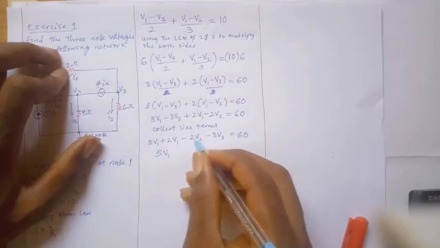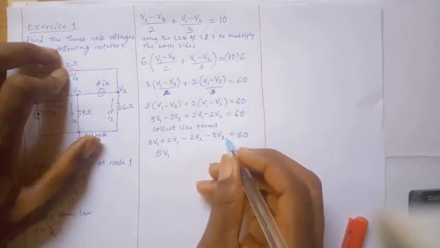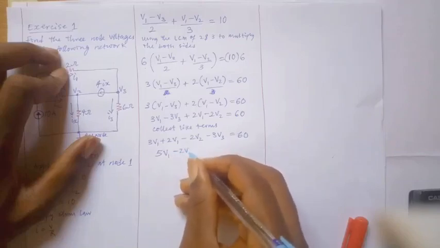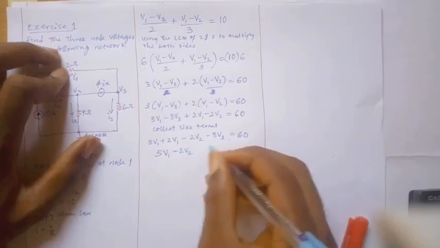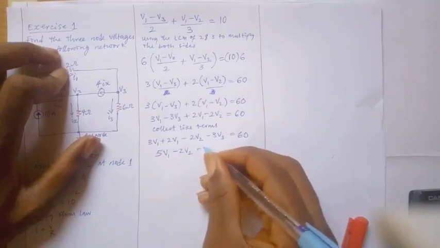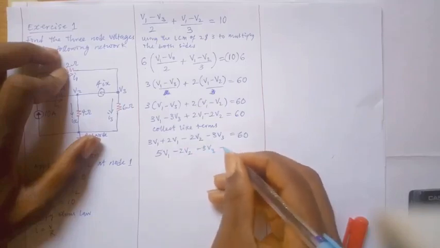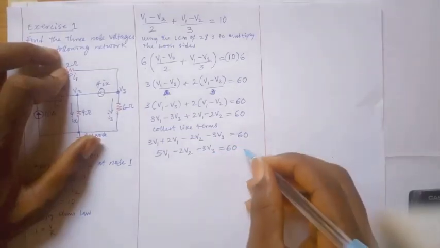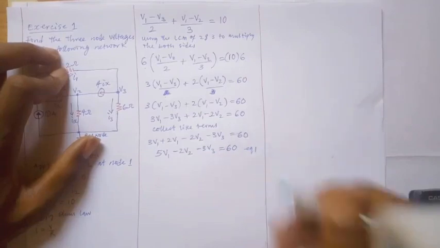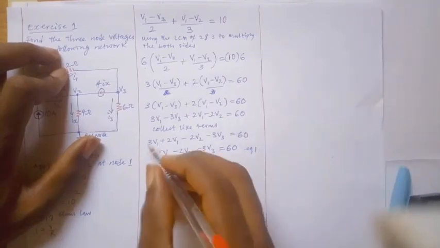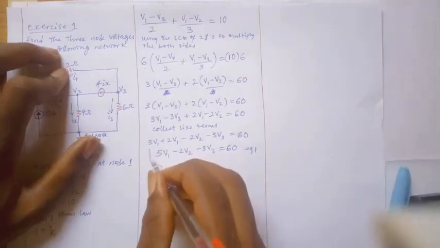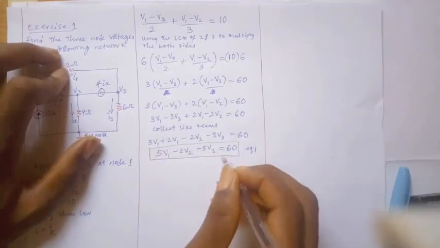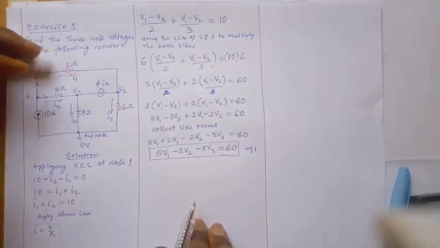Then this one is minus 2V2. Do we have any other V2? No, it's only this one, minus 2V2. And also V3, we only have 1, minus 3V3 equal to 60. And this is equation 1.